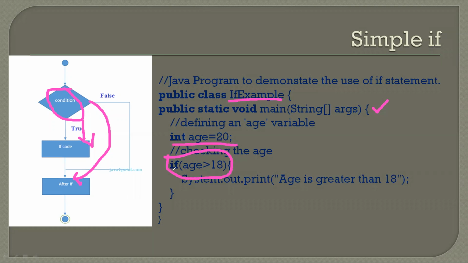If the condition is true only, it will print this statement. If the condition is false, it will end the program without printing any output, because the program execution will be completed.